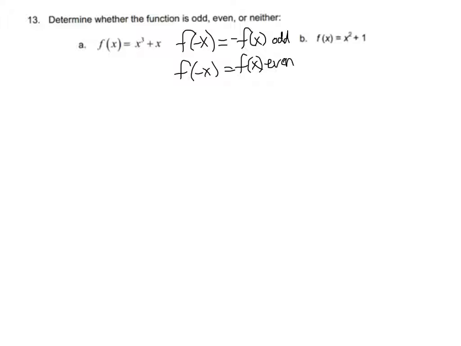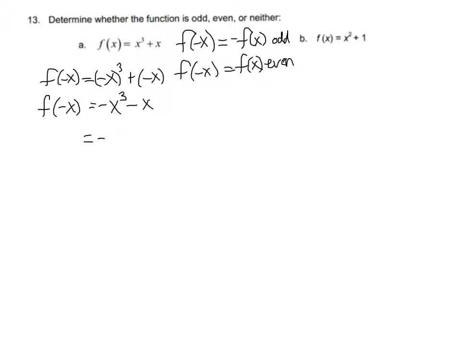So not all functions are considered odd or even. There are many, many functions that are neither. In fact, infinitely many. So all we have to do is say, what is f of the opposite of x? If I plug in the opposite of x into each location of x in the function, and then evaluate and simplify, the opposite of x cubed is the opposite of x cubed, and plus a negative x is just a minus x.